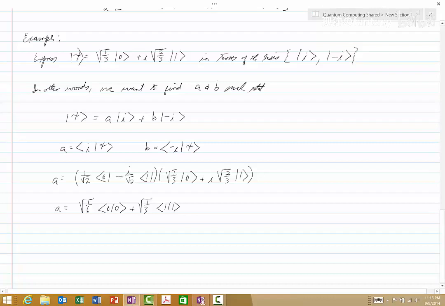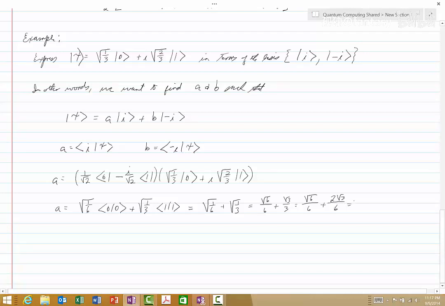And since the inner product of 0 with itself is 1, and the inner product of 1 with itself is 1, we get square root of 1/6 plus the square root of 1/3, and we can change this to square root of 6 over 6 plus square root of 3 over 3, which is square root of 6 over 6 plus 2 times the square root of 3 over 6.